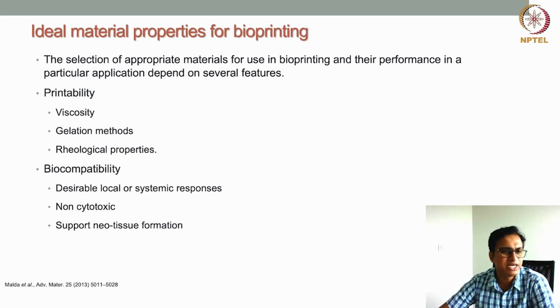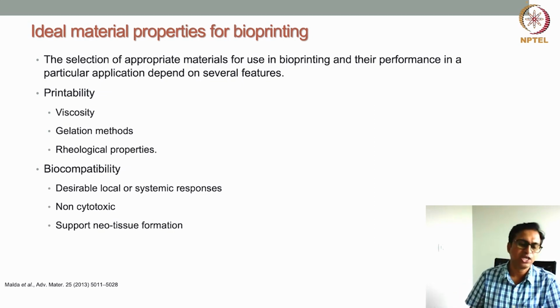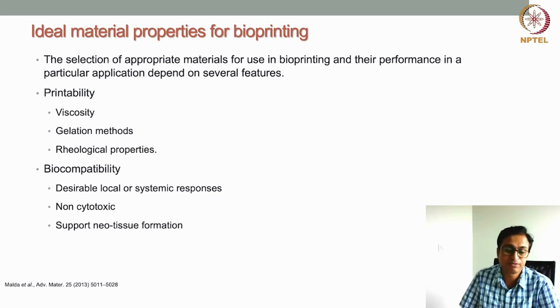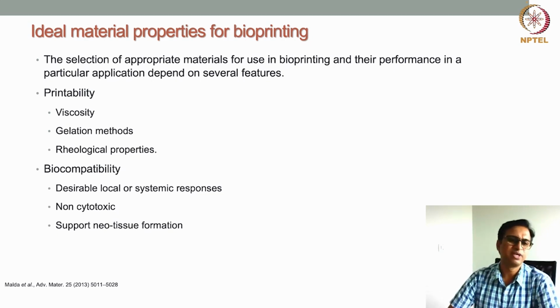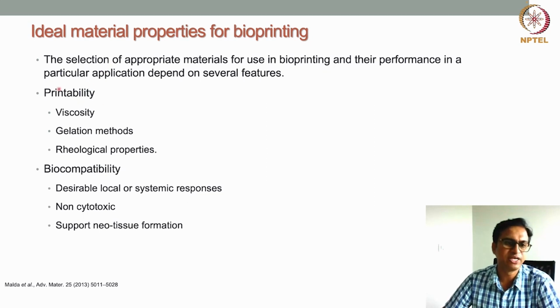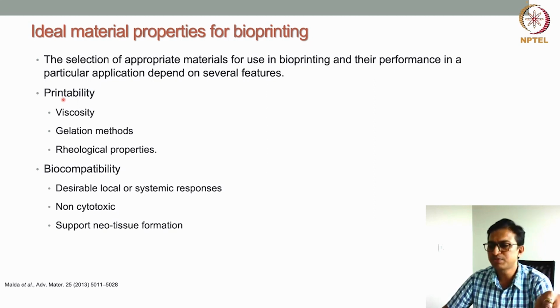Now printability is the major factor for bioprinting. The material should be printable, otherwise we cannot use it for bioprinting. So whatever material we use for bioprinting or biofabrication, it should have suitable printability, so that the material comes out through the nozzle in a uniform manner, and the deposition process is uniform, so that we get the required resolution and the exact geometry that the design has been made for.